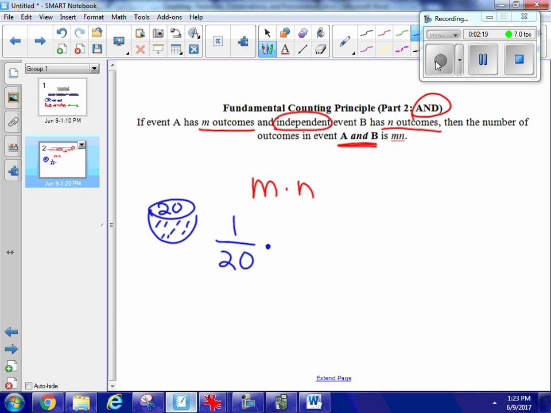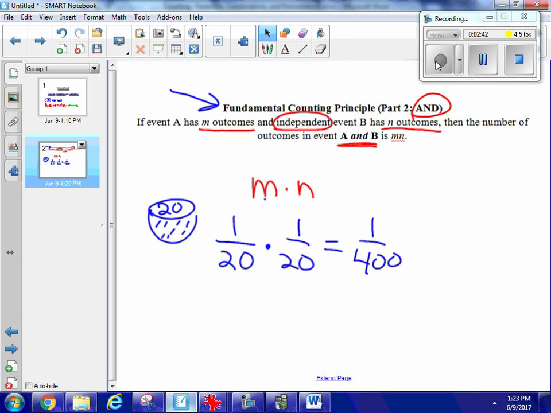The probability for that independent event B is 1 out of 20. So the chances of you getting called twice in a row is M, 1 out of 20, times N, 1 out of 20, which is 1 out of 400. That's an example of the fundamental counting principle, part 2.